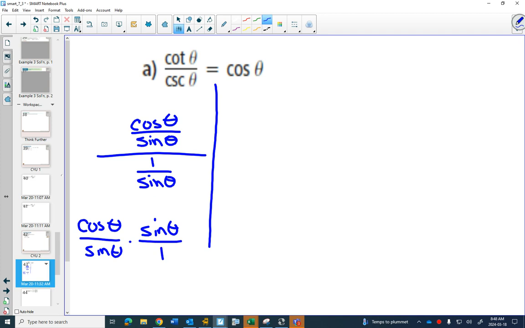I take that bottom fraction and flip it. Now I notice that I have two factors that are identical. They will simplify because we're multiplying. And I get cos theta, so my left side is equal to my right side. And we're done our proof.